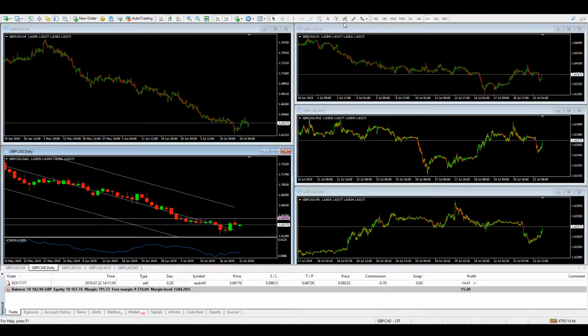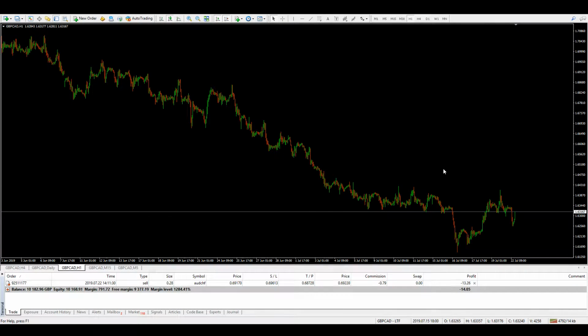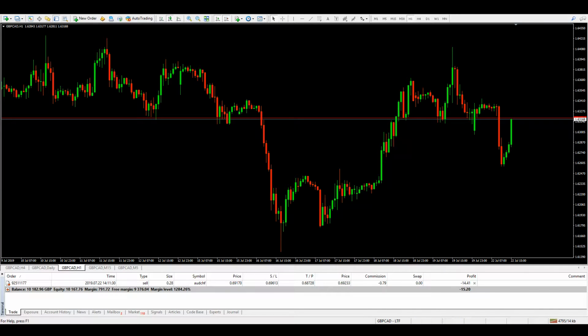So let's get my standard deviation channel out here. I'm just looking at the hourly here. This would be interesting to see how this closes on the hour.